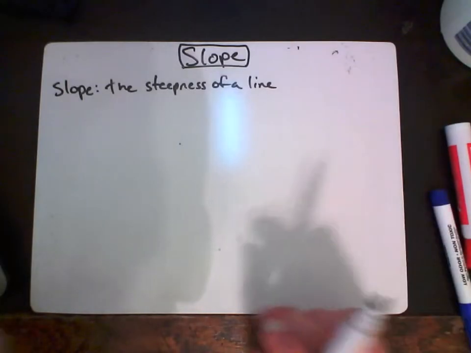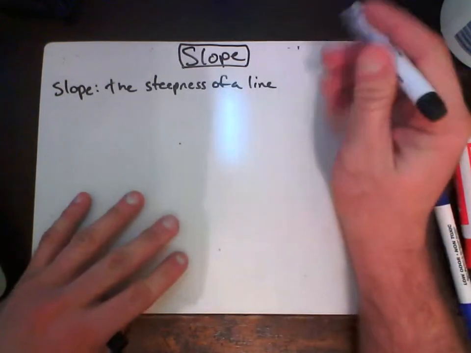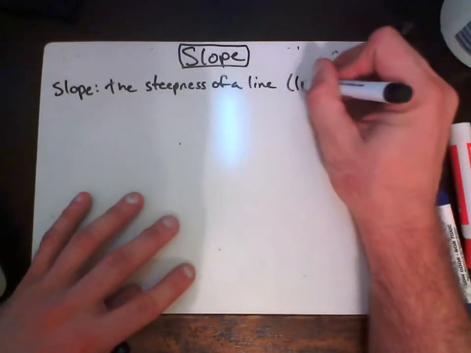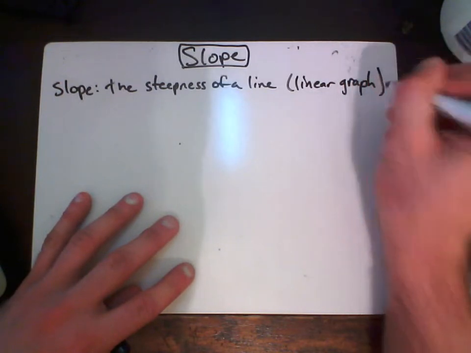Alright, today's lesson is on slope. Slope is the steepness of a line or a linear graph.